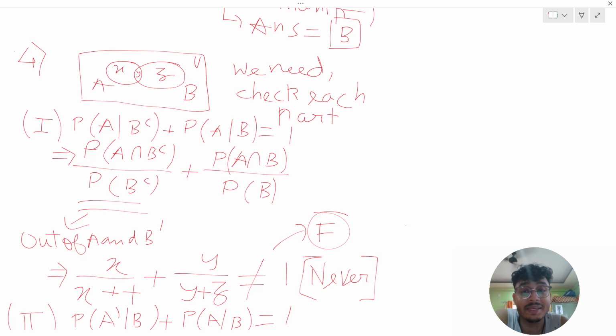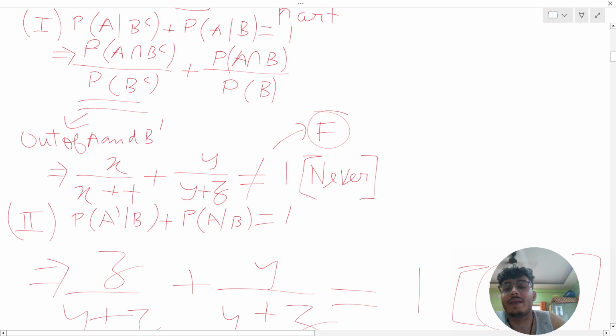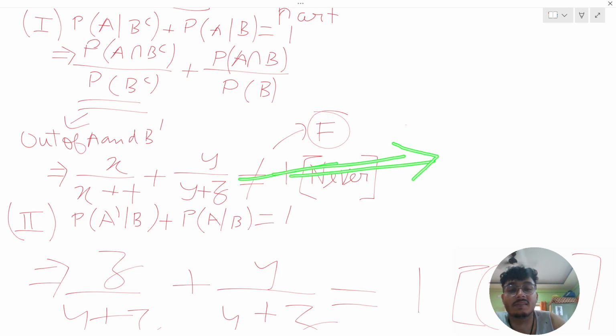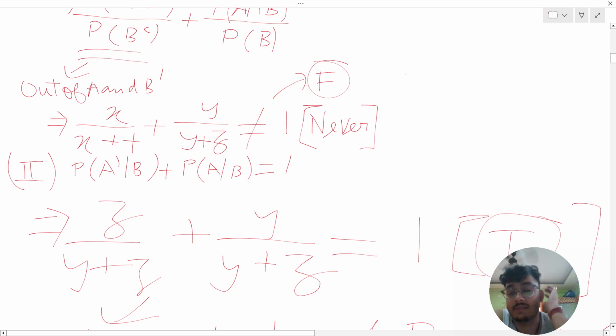Similarly, P of A slash B is P of A intersection B by P of B. Now my P of B is basically the things present in the circle of B, which is y and z, so y plus z, and for P of A intersection B, my intersection is y. So ultimately this reduces to x by x plus t plus y by y plus z, which can never be equal to 1. Very easily visible. So this is my false statement.